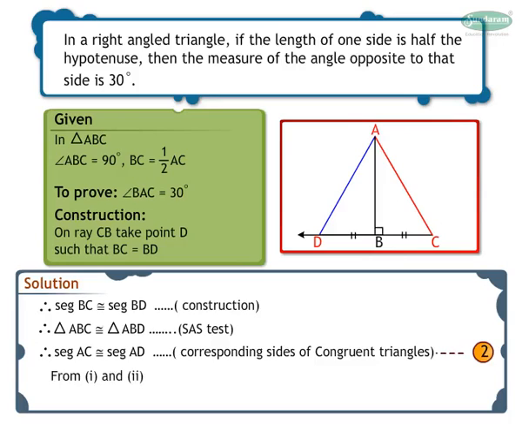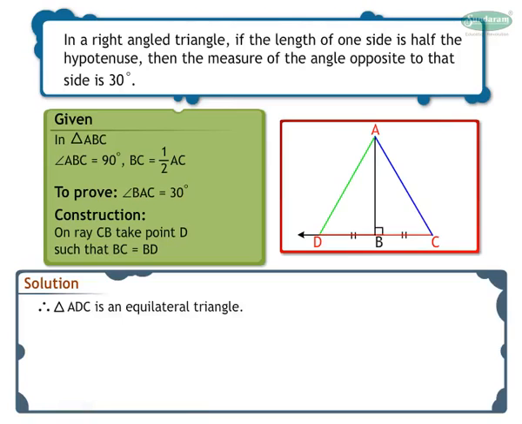From statements 1 and 2, we can say that segment DC is congruent to segment AC is congruent to segment AD. Therefore, triangle ADC is an equilateral triangle. Therefore, from statement 3, we can say that angle C is equal to 60 degrees.